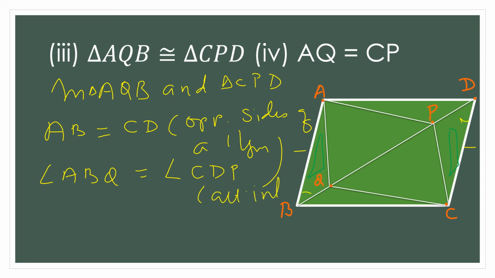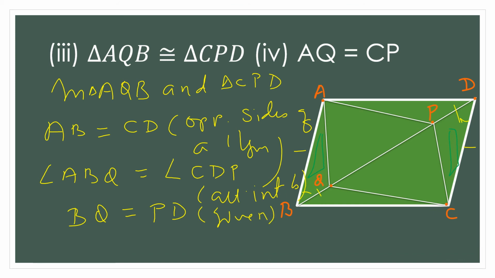alternate interior angles. Can you find out the third thing which is equal to each other? That is already given in the question, which is BQ is equal to DP. That is given.